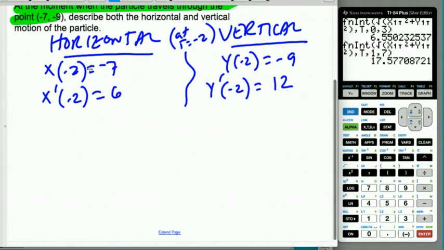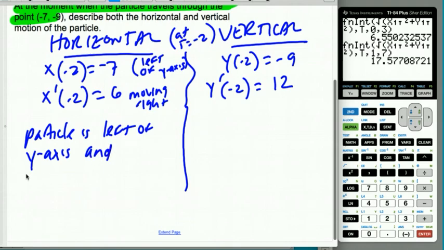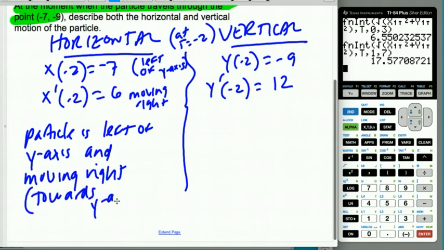So since x of -2 is negative, this means left of the y-axis, and this is moving right. So when I answer, the particle is left of the y-axis and moving right, which means that's towards the y-axis.